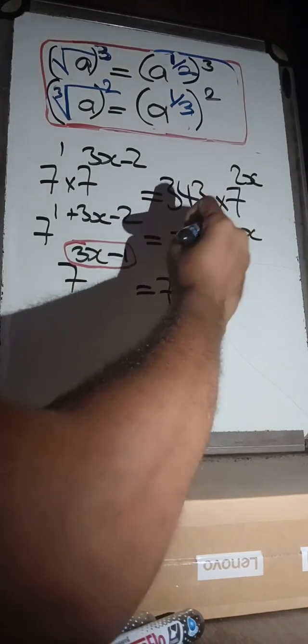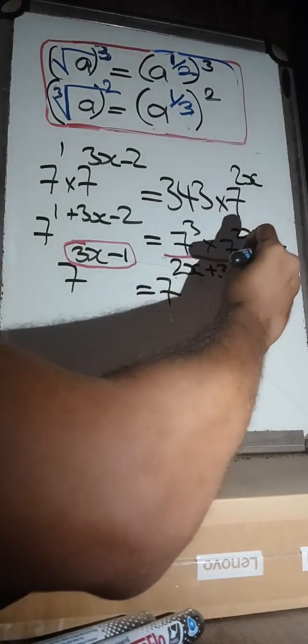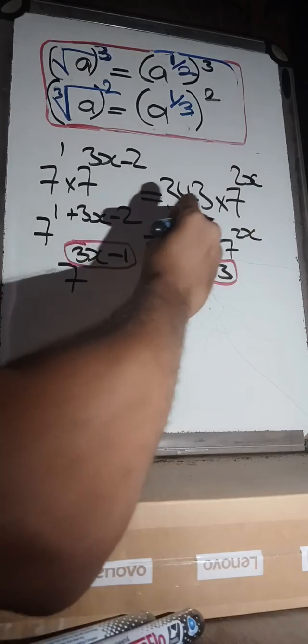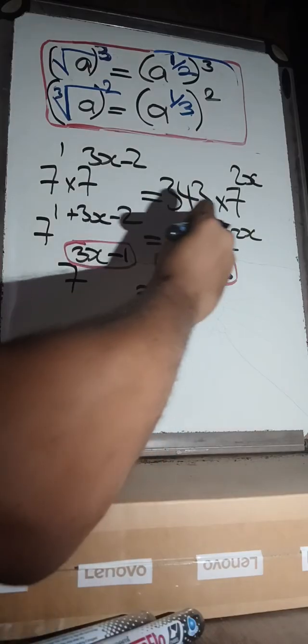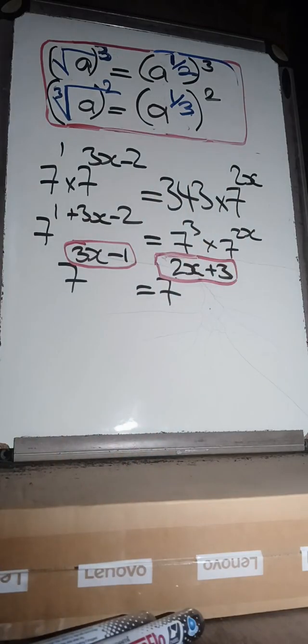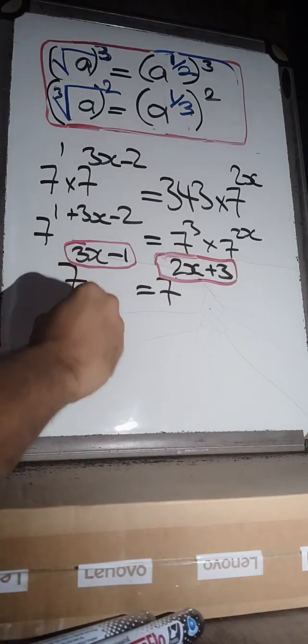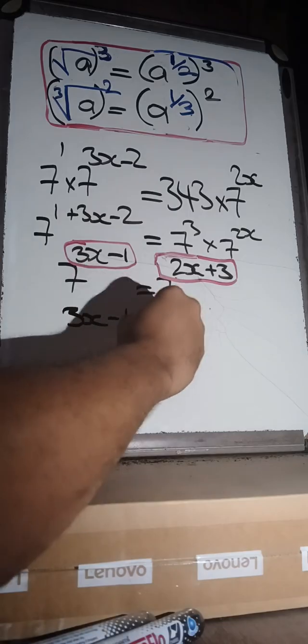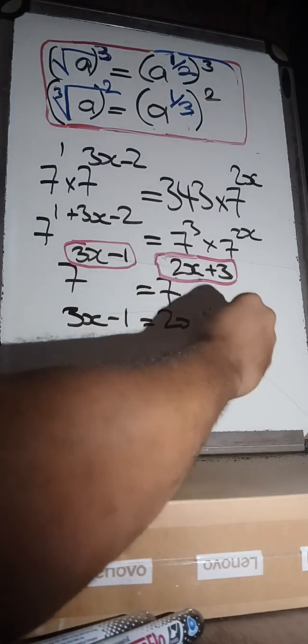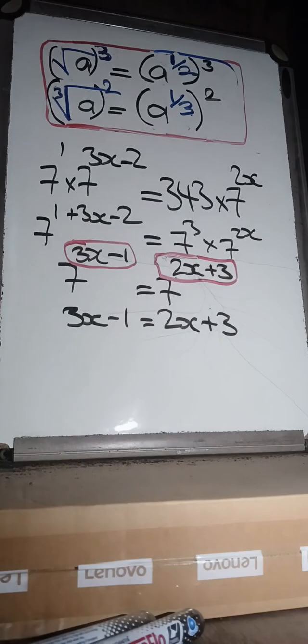Now we'll have 3x minus 1 equals 2x plus 3. Then we do what we need to do.